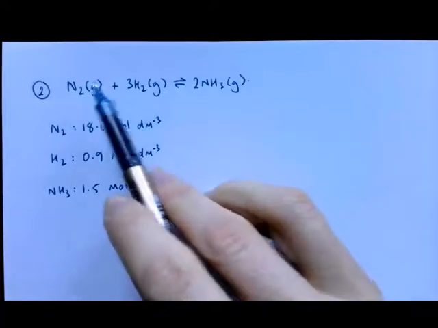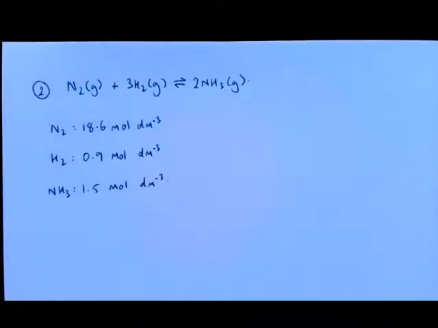All right, so we put nitrogen, we put hydrogen in, we allow it to react to produce some ammonia, and once the concentrations of all of these are stable, so they're not changing, then we can measure the concentrations and use that to work out the equilibrium constant.